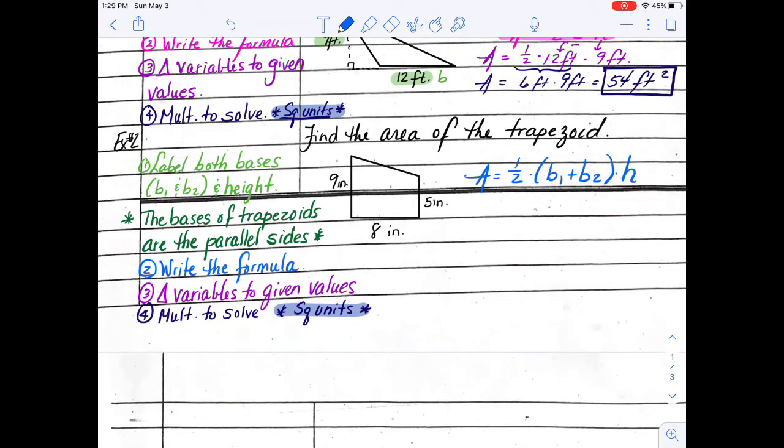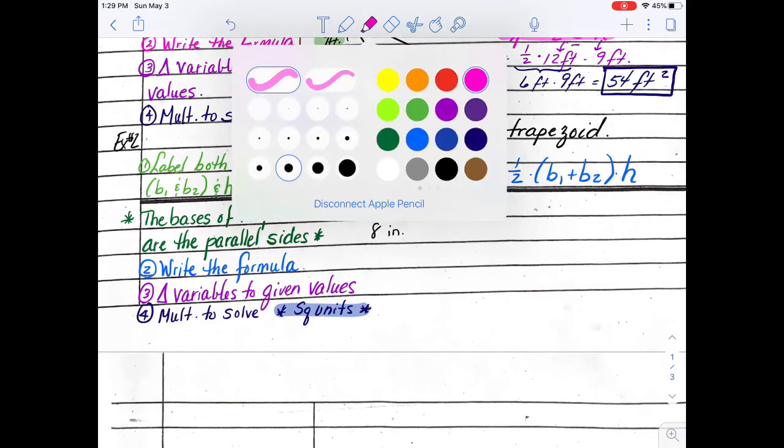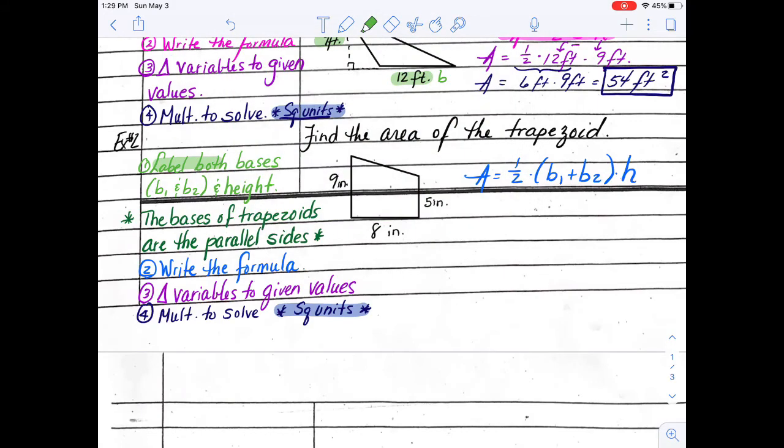So if I look at example 2 down here and I ask you to find the area of the trapezoid, the first thing I want you to do is label those bases and the height. You need to find those first. And again, remember, your bases have to be the parallel sides. The left and right sides are the ones that are parallel, so those are going to be my bases.